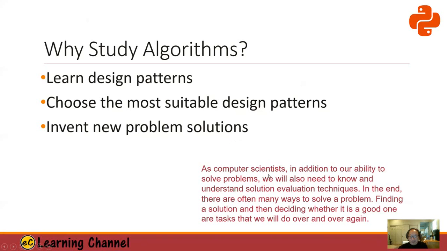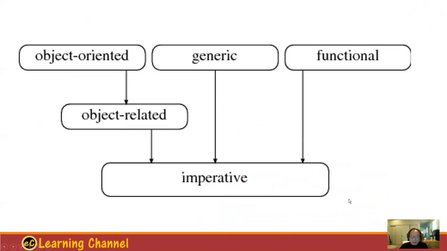So as a computer scientist, in addition to our ability to solve problems, we also need to know and understand solution evaluation techniques. In the end, there are often many ways to solve a problem, and finding a solution and then deciding whether it's a good solution is the task that computer scientists need to do.